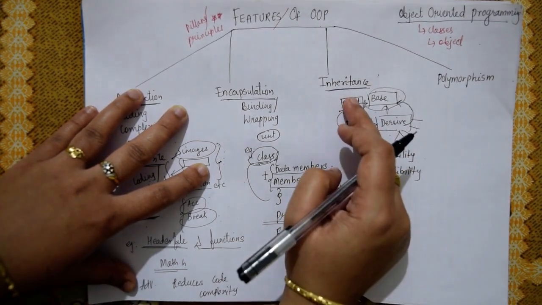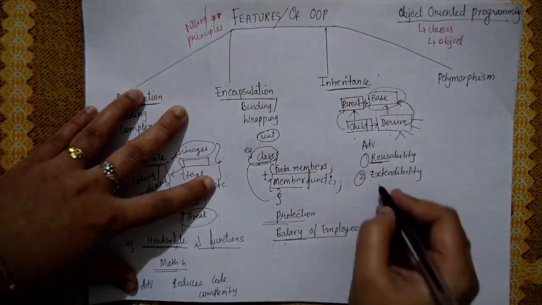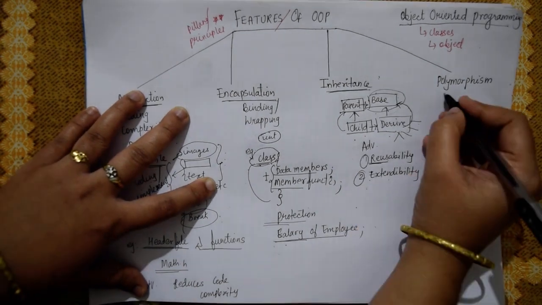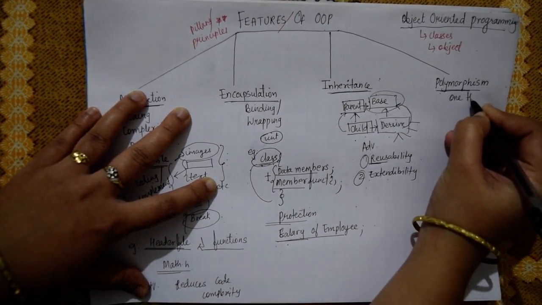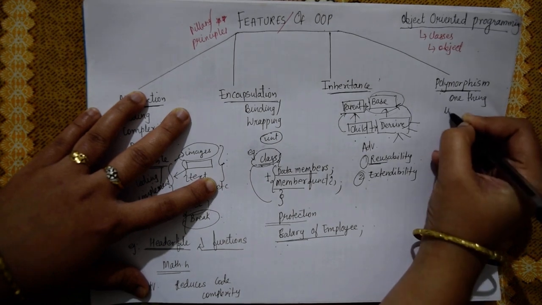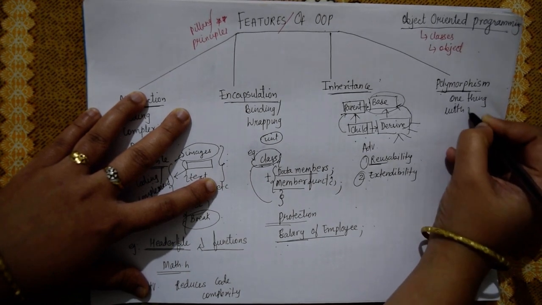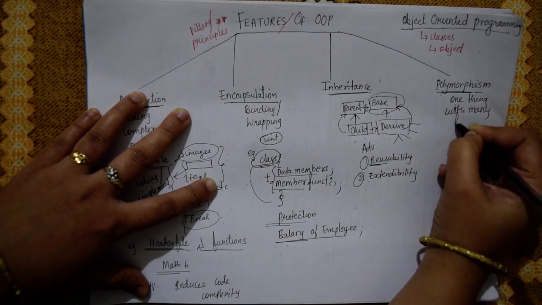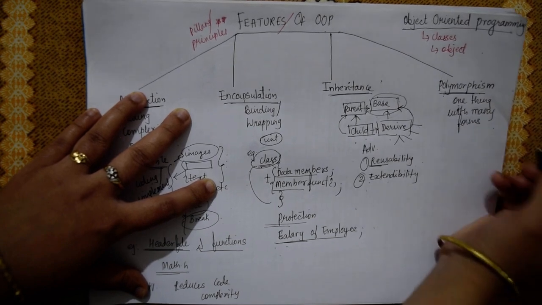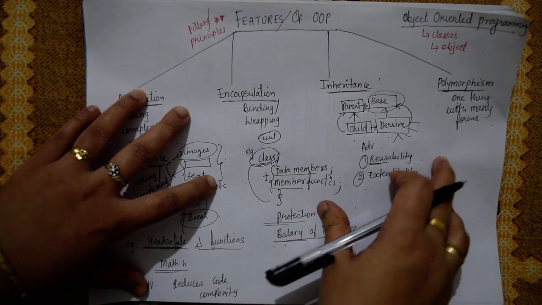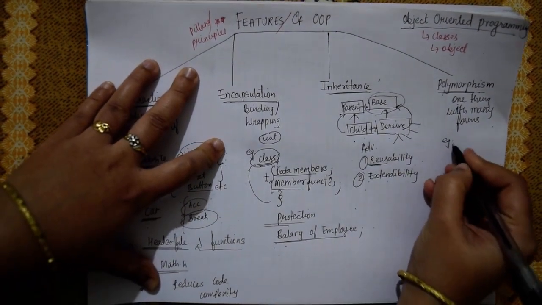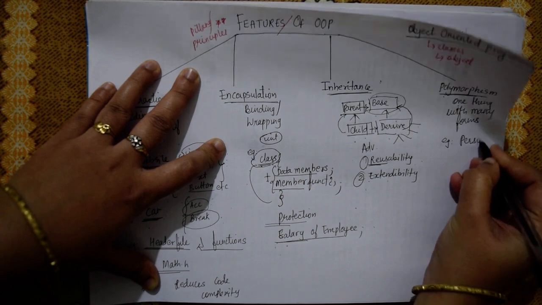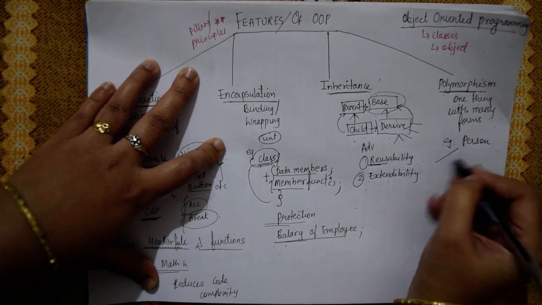So these are the advantages of inheritance. Okay. Now next is polymorphism. Polymorphism is one thing with many forms, or you can say the ability of an object to take different forms. Okay, for example, person. A person can have different characteristics at the same time.